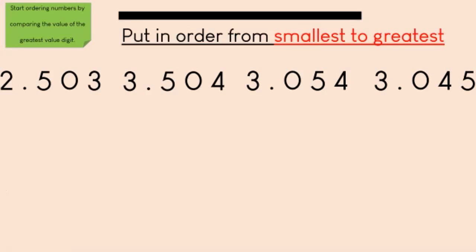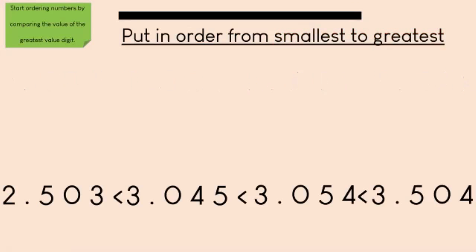Okay, now that you've had a chance to do that, here they are. Let's take a look. We'll start with our greatest value digit, in this case in the ones column. This had 2 ones, so it was less than the other numbers. That means it's the smallest number in our order.